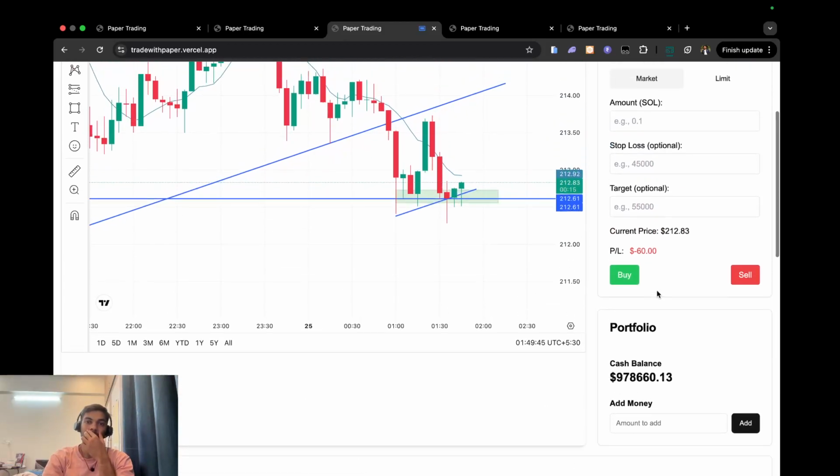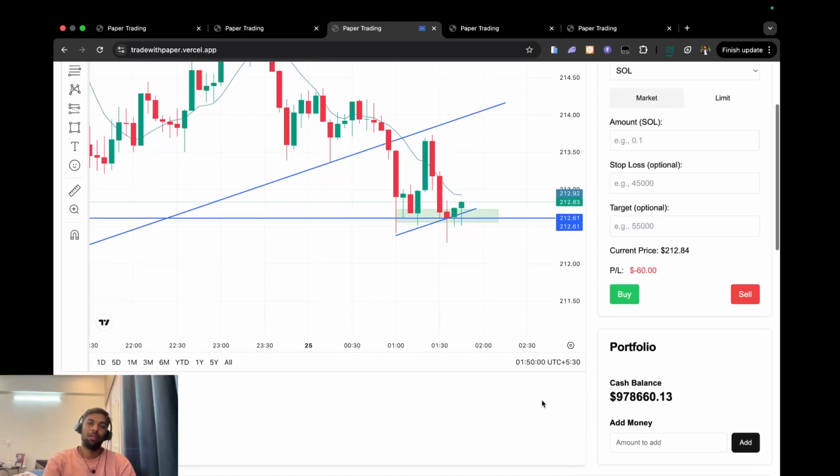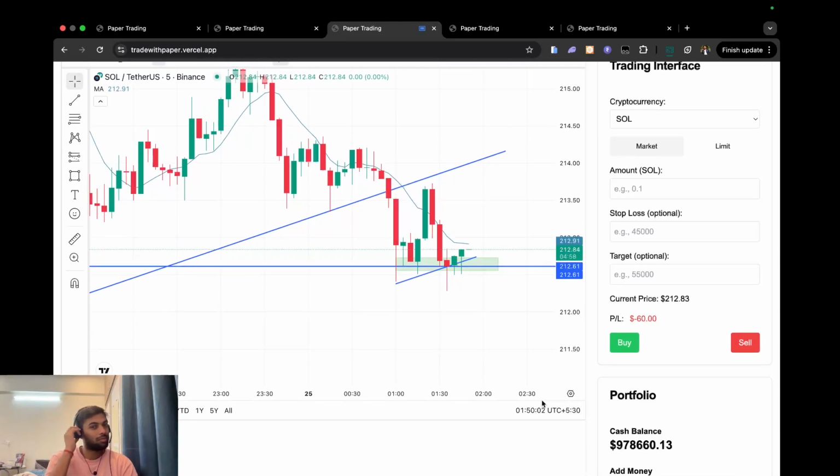Let's wait for the right entry again. It will definitely go in the downward direction, but it is not taking us with it. Let's wait. So this is all about a waiting game, guys.